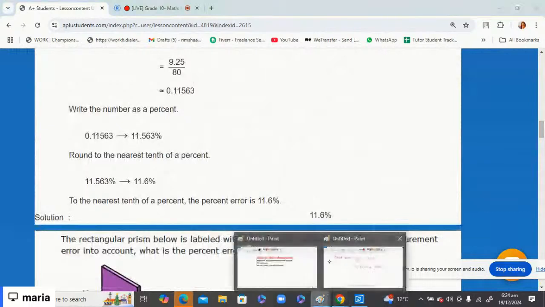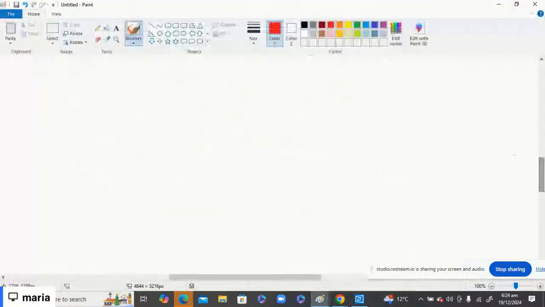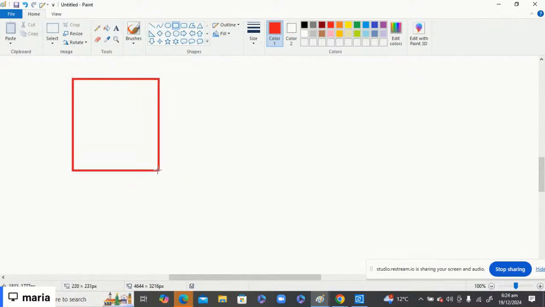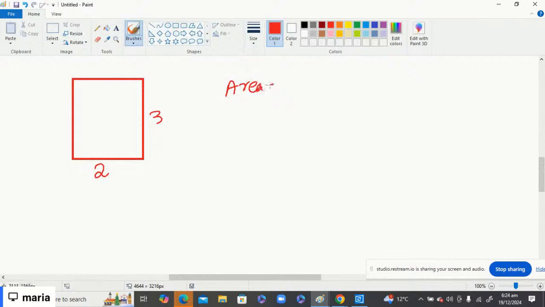Okay, let's suppose we are going to solve the question. For example, here is the rectangle. This one is 2, this one is 3. Okay, first of all find the area of this rectangle. Area, that is length times width. 2 times 3, that is 6.